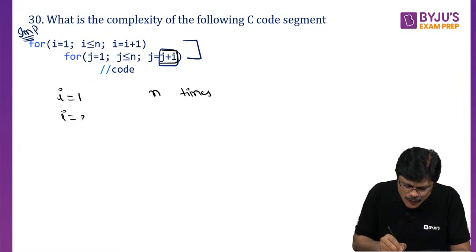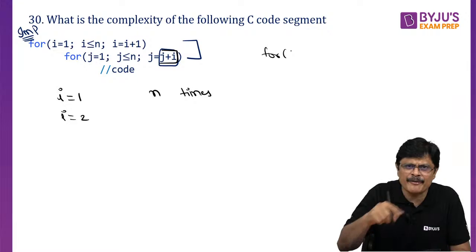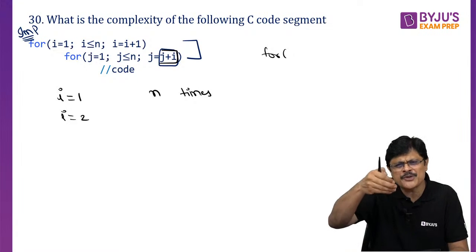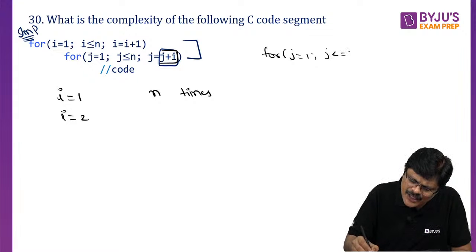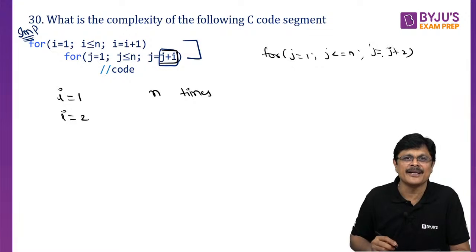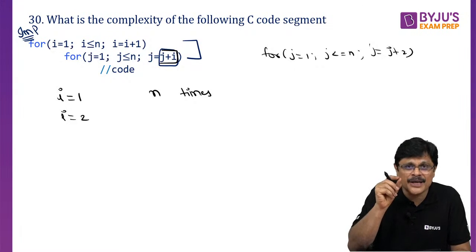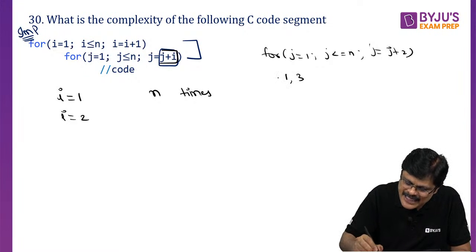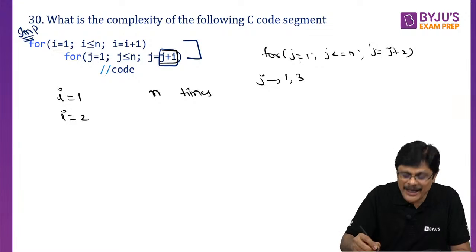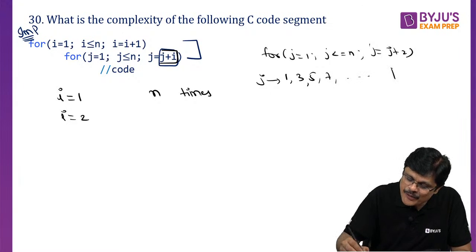When i is equal to 2, what happens? I am just writing for this loop. From the next loop onwards, we will write the generalization. j is equal to 1, j less than or equal to n, and j is equal to j plus 2. It is also n times only, but you have to write this n times properly because j increments like this: 1, 3, 5, 7, like that it has to reach n.